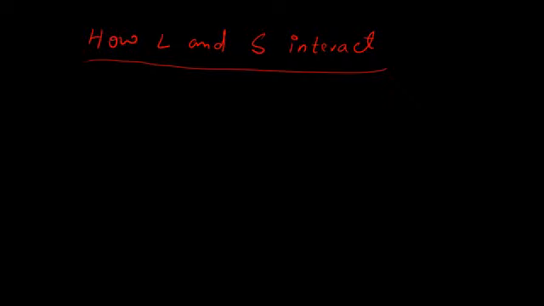Now we will consider how L and S interact with each other to give us the total angular momentum J. L and S can interact magnetically. Let's suppose we have two conditions: when there is a magnetic field and when there is no magnetic field.